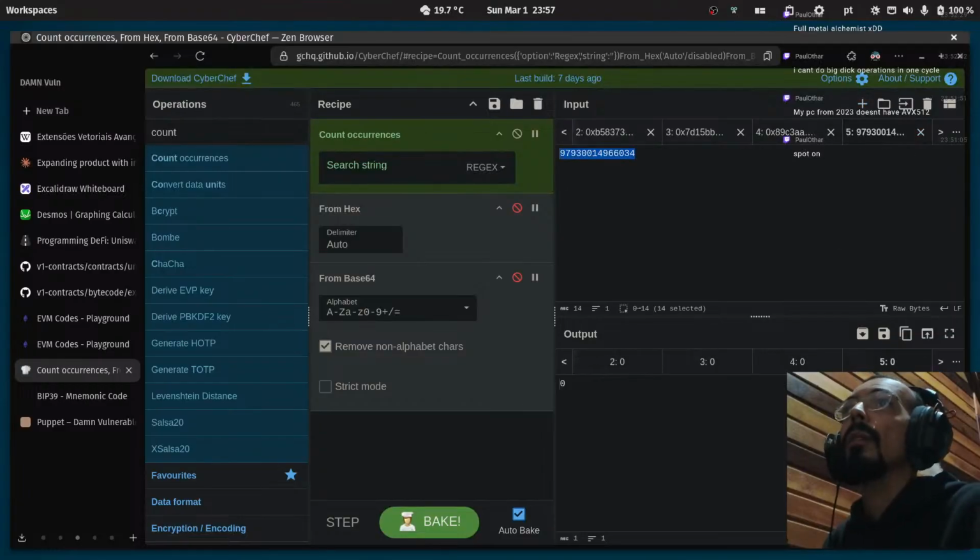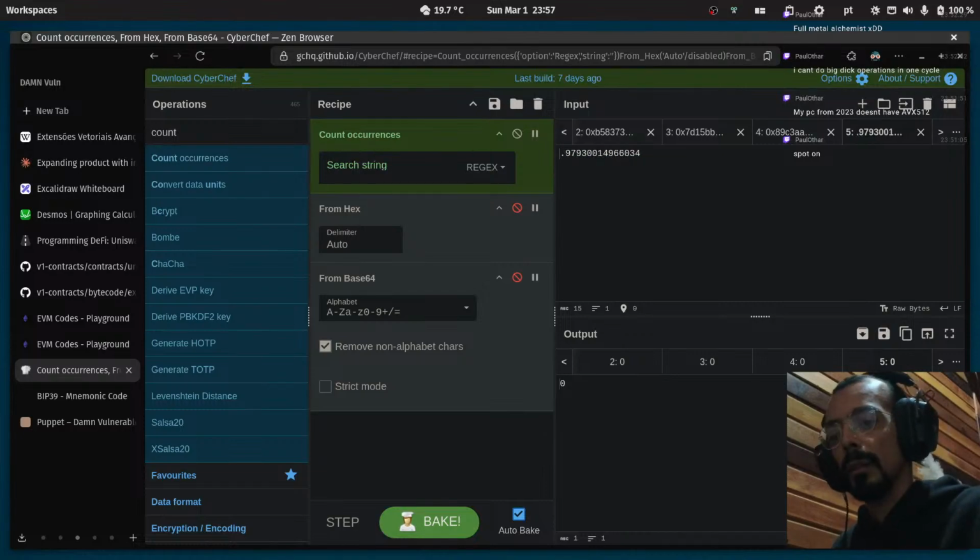CyberChef. Here we have 14. It means dot 0. It's 1 and 3. Right? Am I crazy?